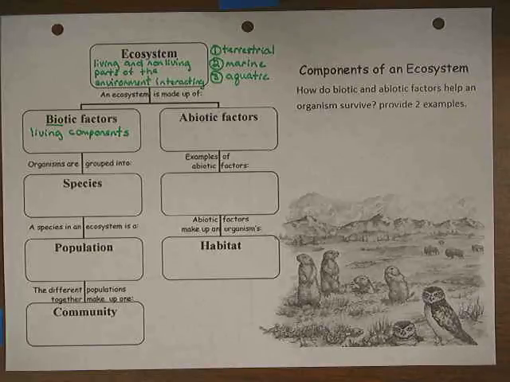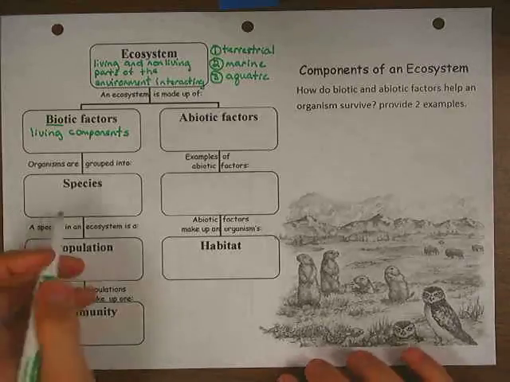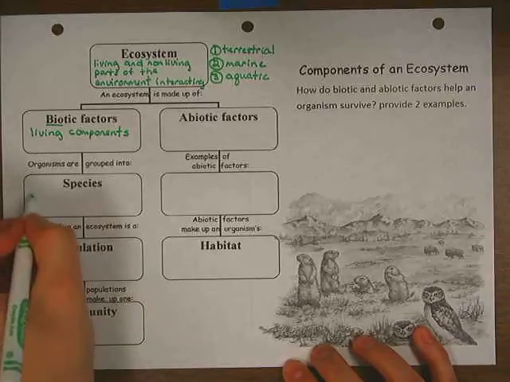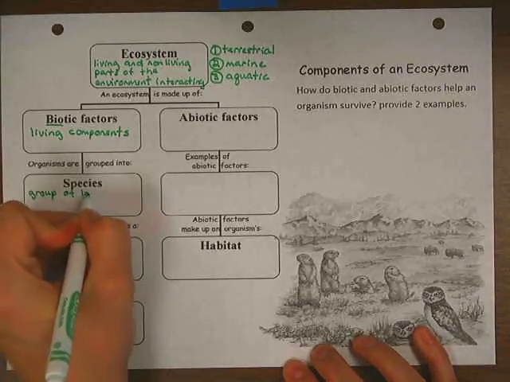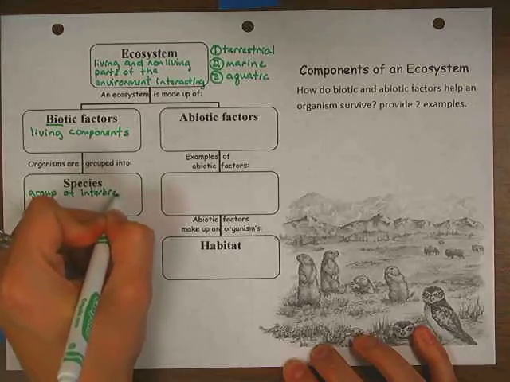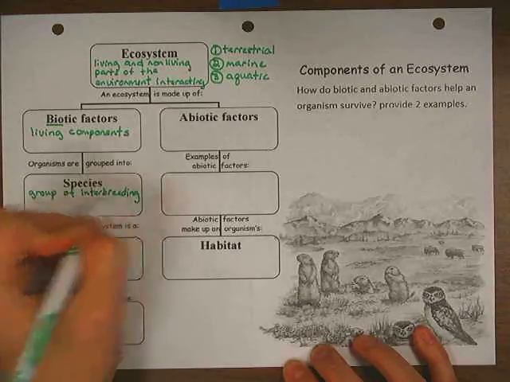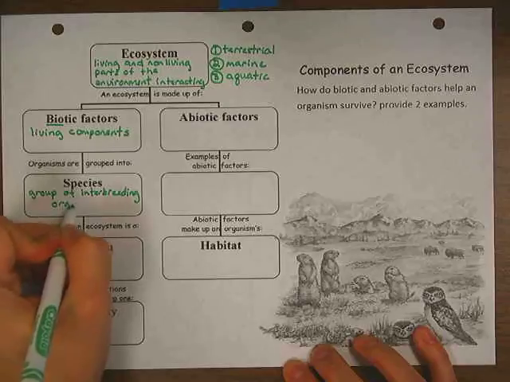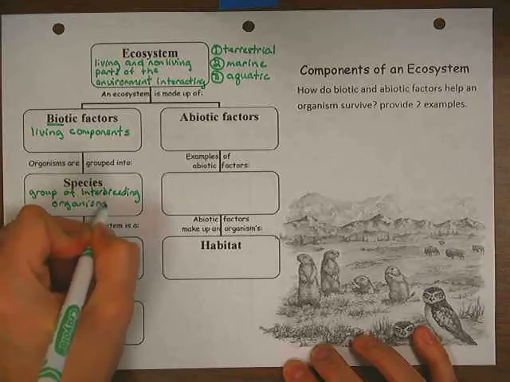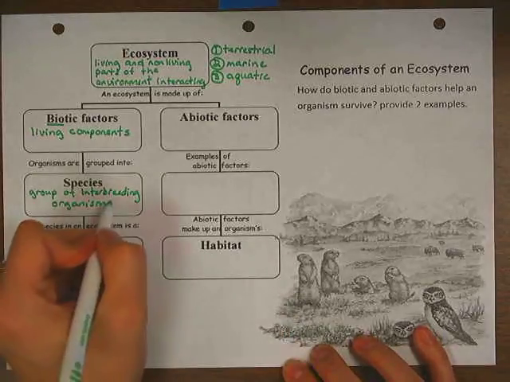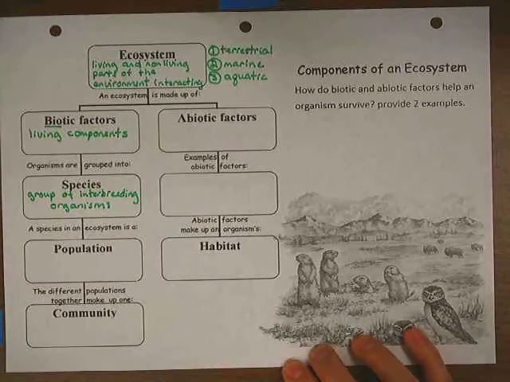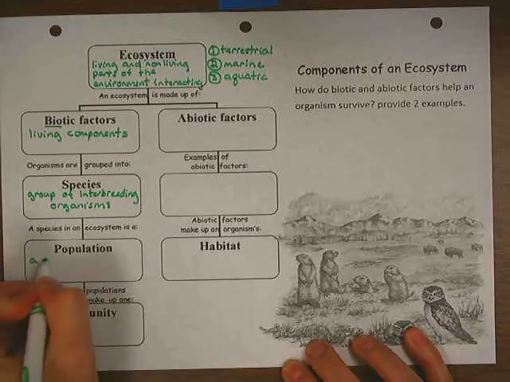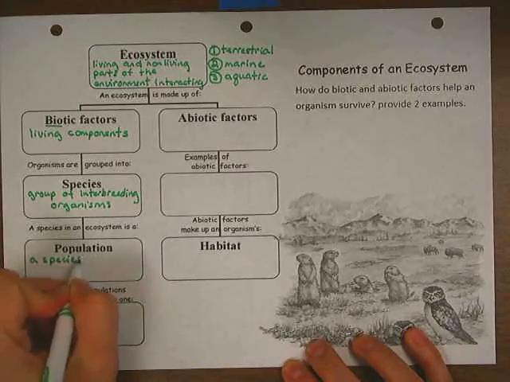If we've got a whole bunch of buffalo living in an area that are able to breed with each other, this is going to be a species. A species in just a certain area is considered a population.